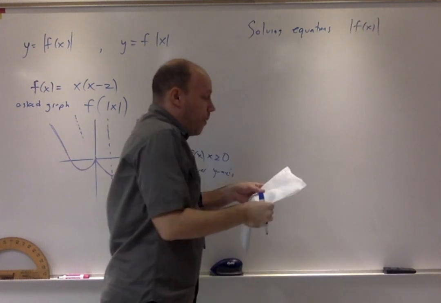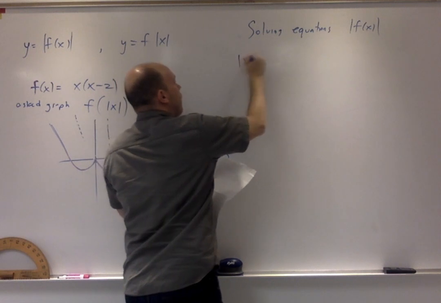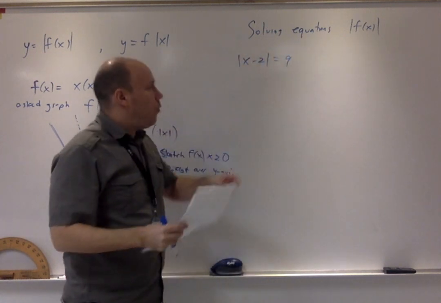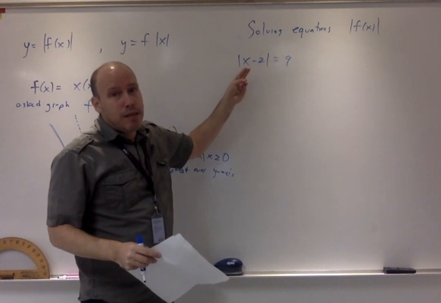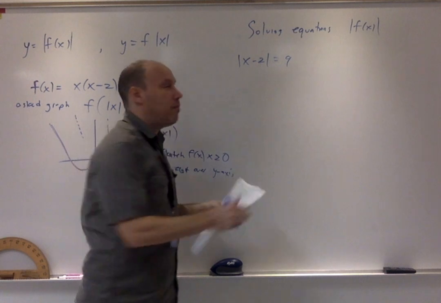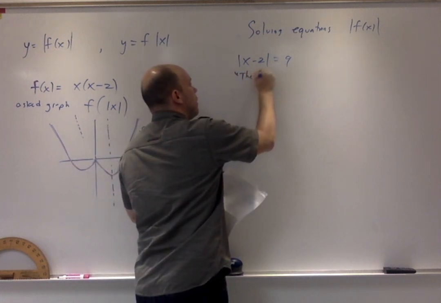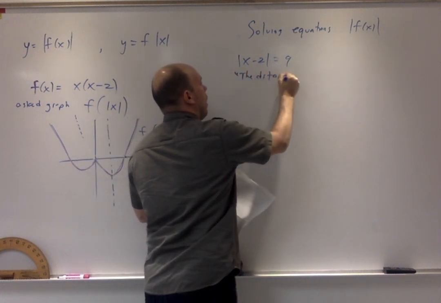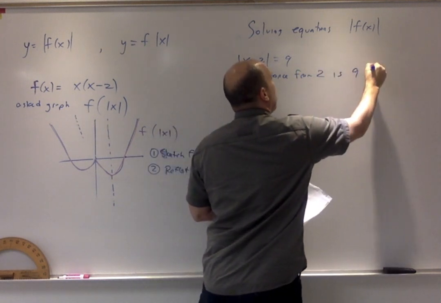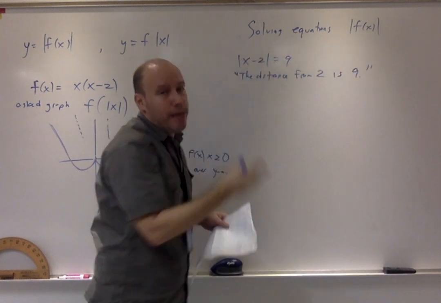So, let's just start with the basics. The absolute value of x minus 2 equals 9. Well, we know that absolute value means distance, so the distance from 2 is 9. That's what this equation reads.